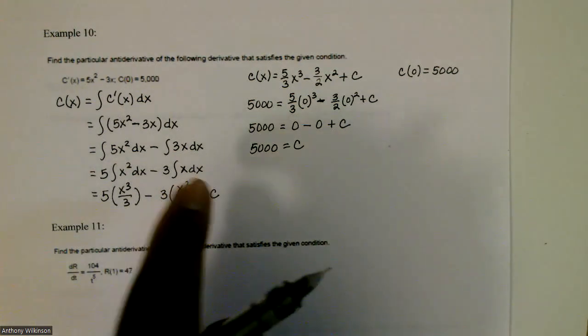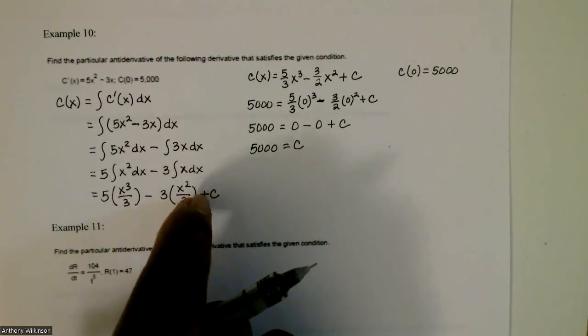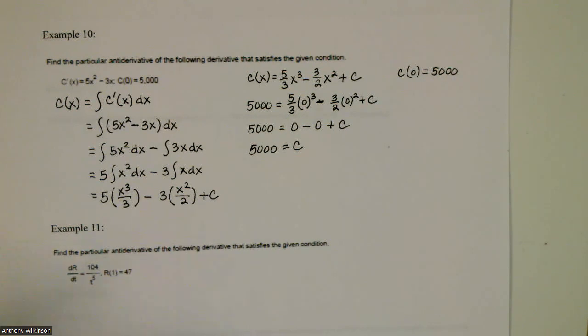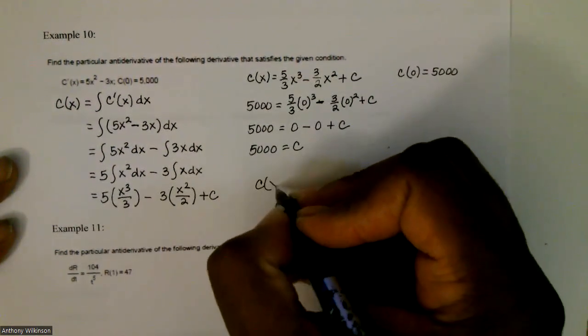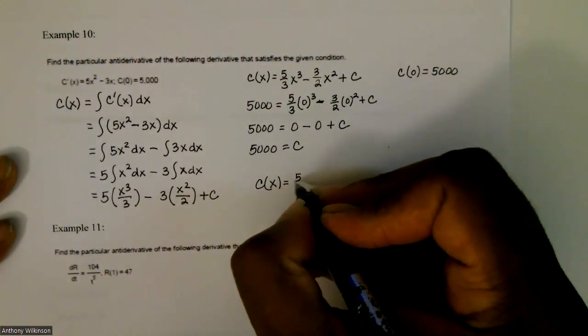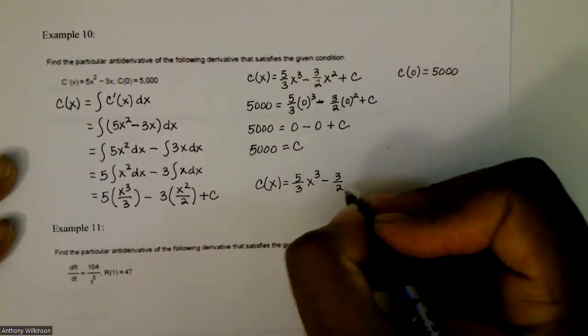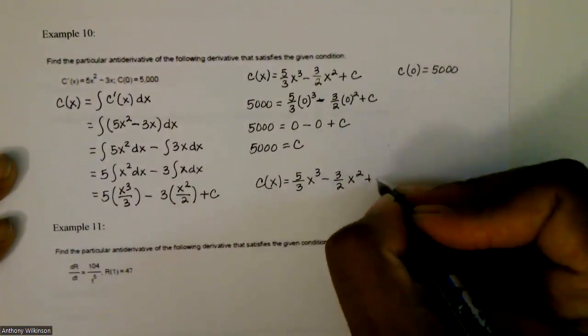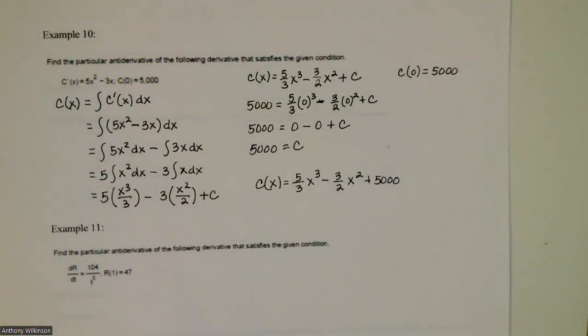I can take that c equal to 5,000 and substitute it for this c in my c of x function. So the final answer is c of x equals 5/3 x cubed minus 3 halves x squared plus 5,000. This is the particular antiderivative of the function that satisfies the given condition.